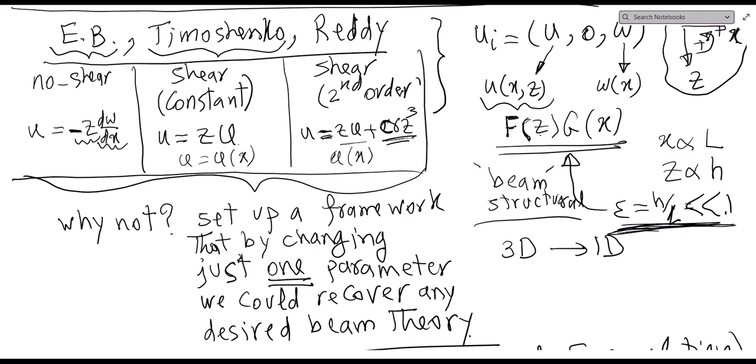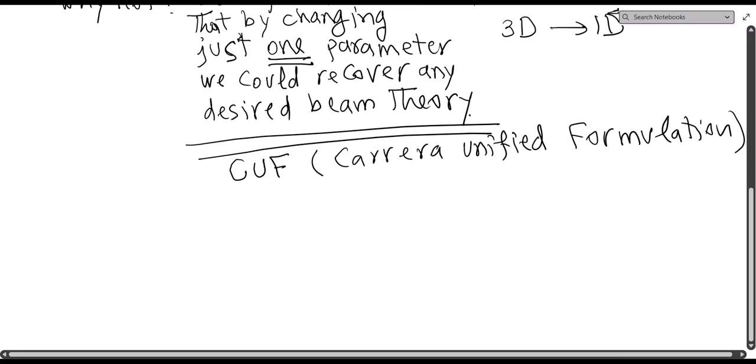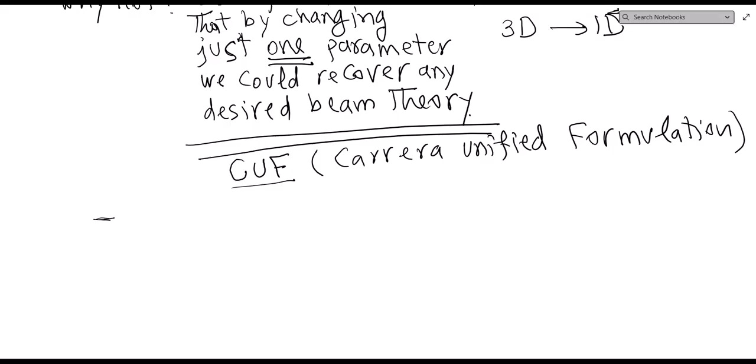Why cubic? Why not z to the power 5 or 7 or beyond? For a laminated beam, which is not the discussion here, we need more than a third order polynomial, and this is possible by CUF. So CUF is a framework that we are going to discuss in this video.